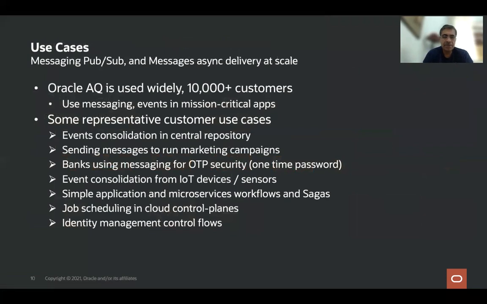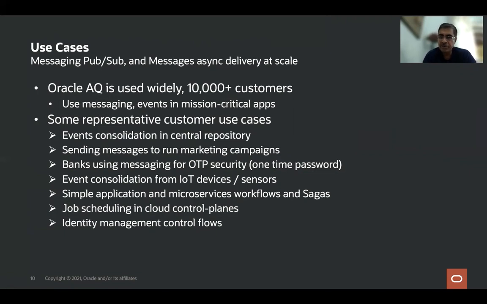So here are some of the common use cases. Again, as I said, it's very widely used, by tens of thousands of customers across Oracle applications, across banks, retail, healthcare. Some of these use cases are around consolidating events into a central repository from remote sites. It's about sending messages to run marketing campaigns. Several leading banks use messaging for OTP security, one-time passwords.